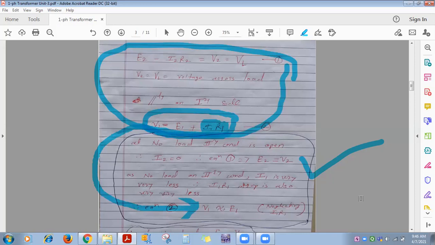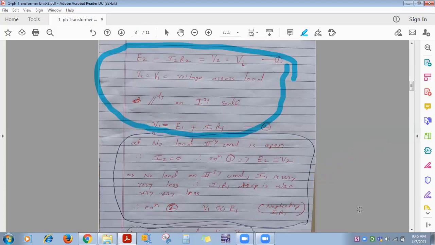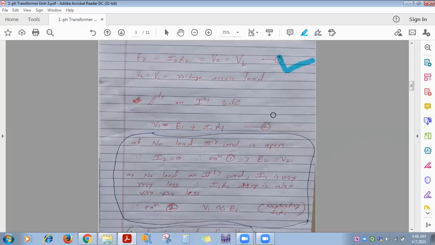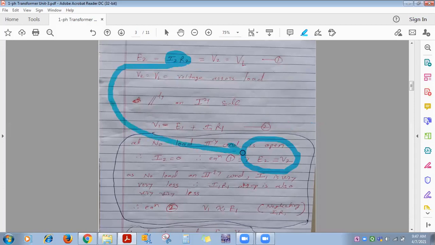Okay, so what is the conclusion? The first and second equations are the equations on the secondary. This is the equation on the primary when you put some load on the secondary side. When you don't put any load on the secondary, that is, the secondary is open, then I2 is 0, so the I2 R2 drop will be 0, and you will get E2 equal to V2.